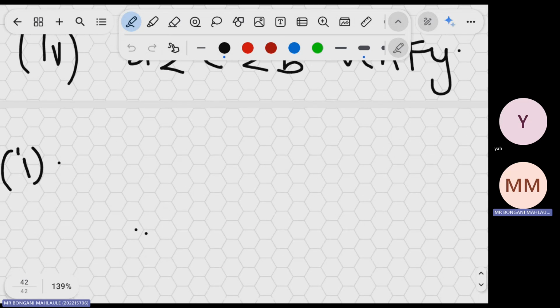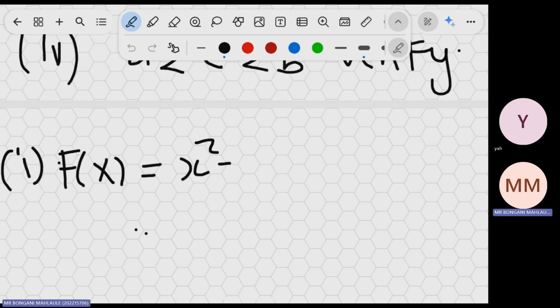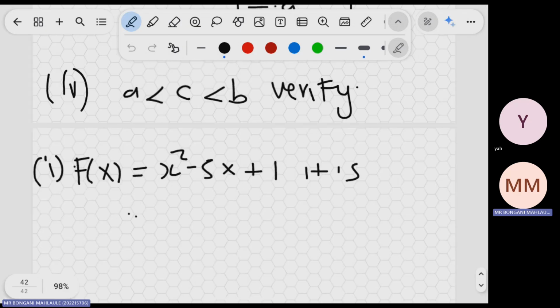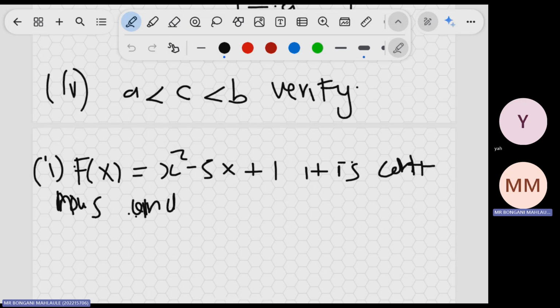The first one is to check the continuity and differentiability. So f of x, since it's equal to this, is continuous and differentiable everywhere.